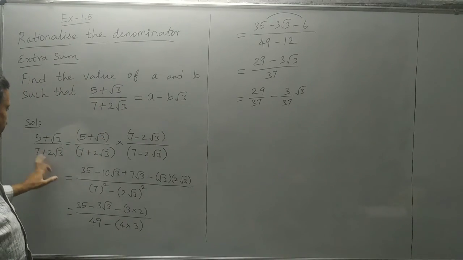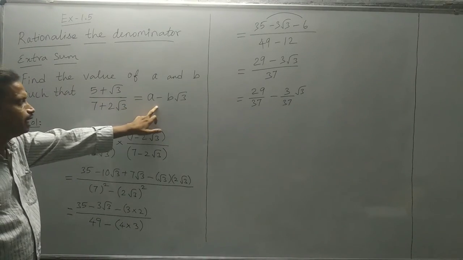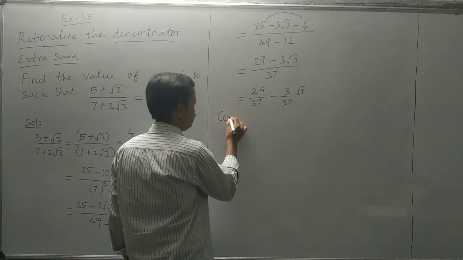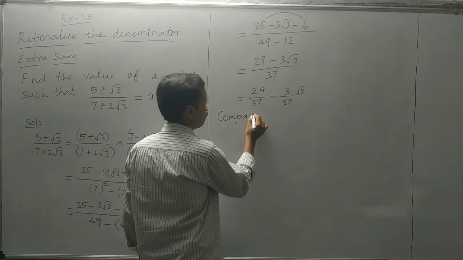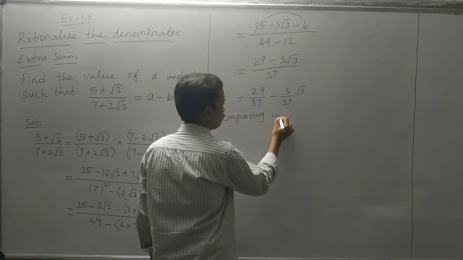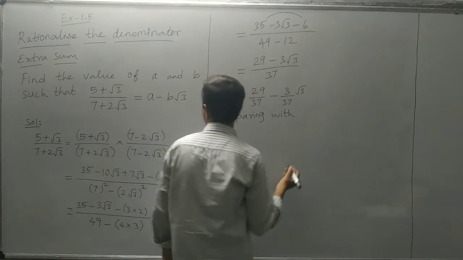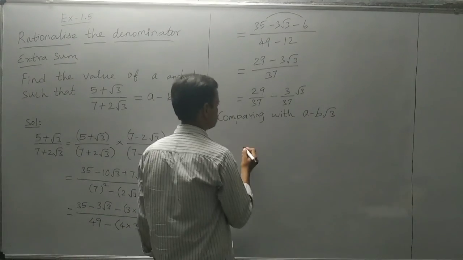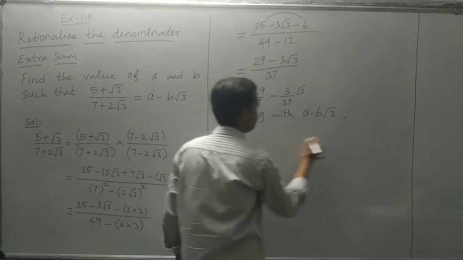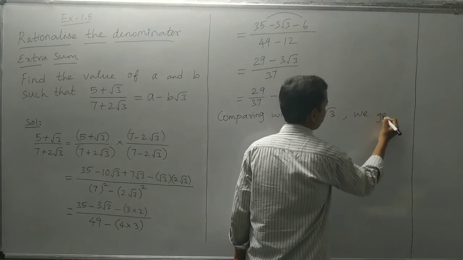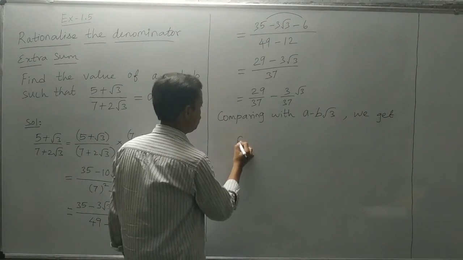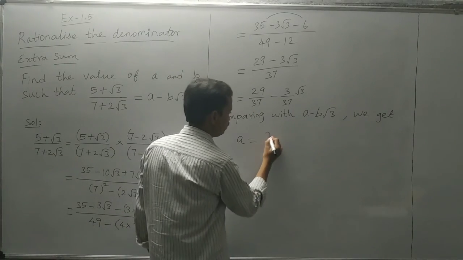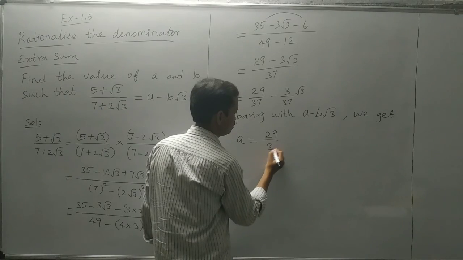Now, what is given in that question? This left hand side is equal to a minus b root 3. So comparing with a minus b root 3, we get a equal to, instead of a, what is that? 29 by 37.